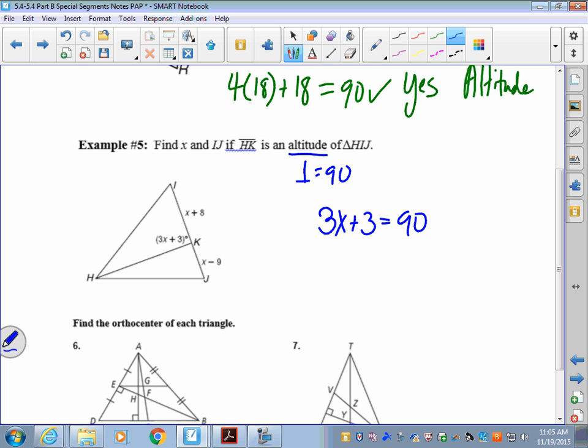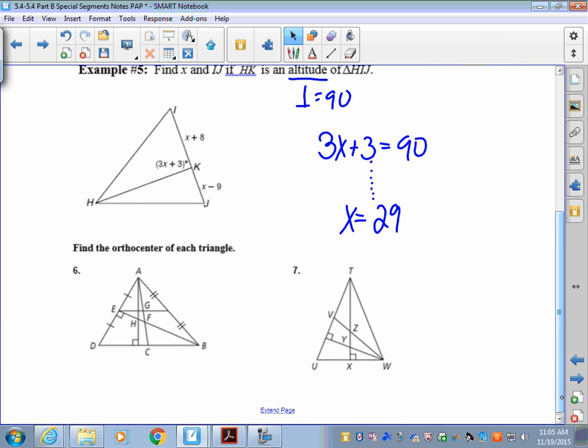I don't use the segments. Divide. Yep. And then the last part.